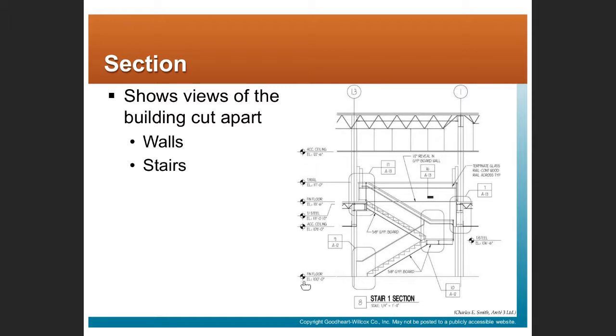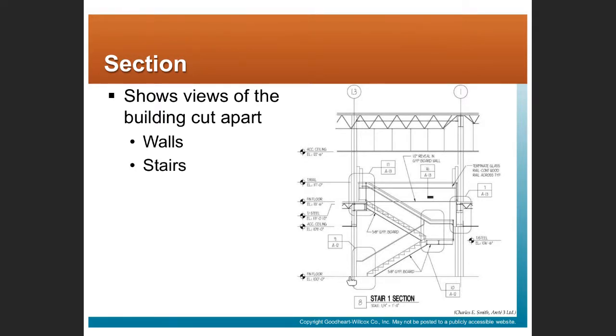Here's FIN floor, so finished floor elevation is 100 feet 0 inches, and the next finished floor up here is 113 feet 6 inches. So we have a floor to floor dimension of 13 feet 6 inches, right?